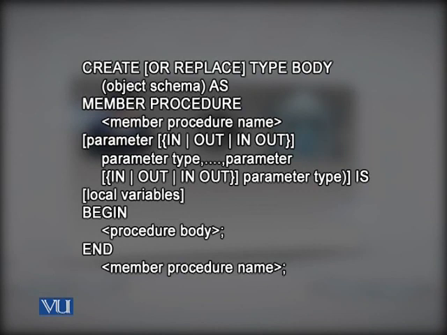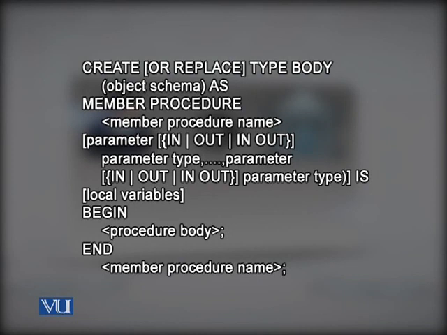Here, as you can see, create or replace type body. Here you are saying type body, and then you give the name of the object as, then again you give the same signature that you gave in the type definition, and then you give the begin. This is a reserved word that you'll give here as such.